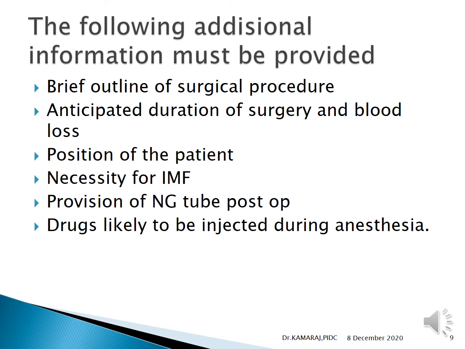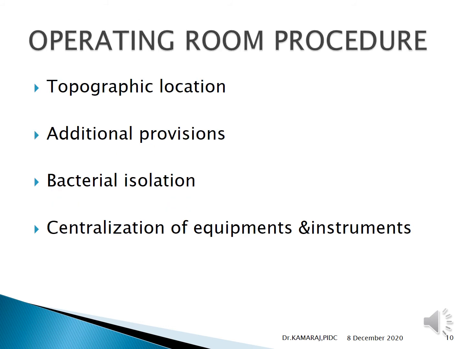You should also inform them of the drugs that are likely to be injected to the patient during anesthesia. Those are the things which give you an idea about the operating room procedures.